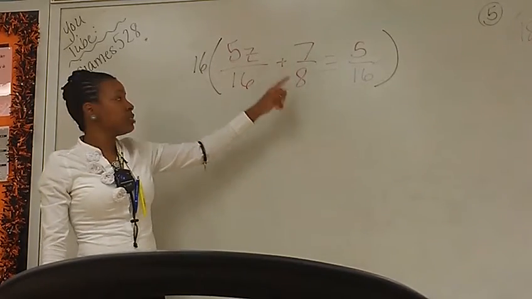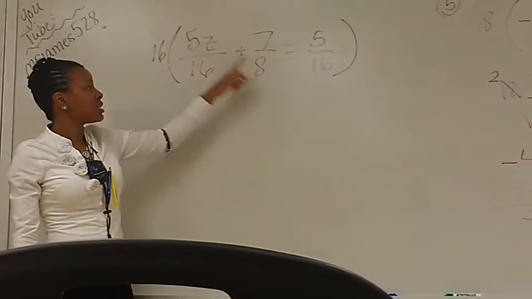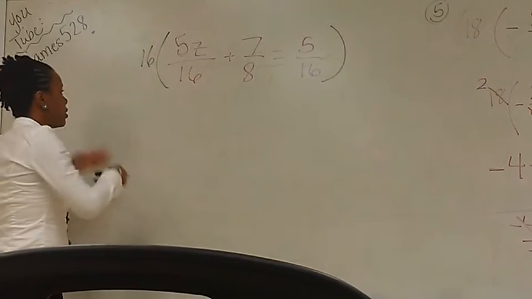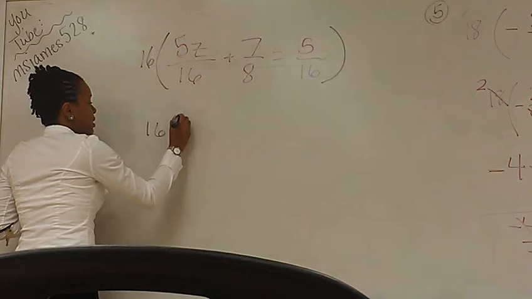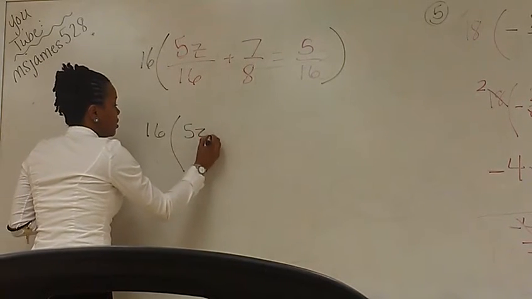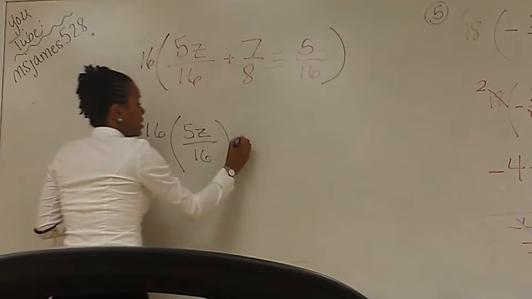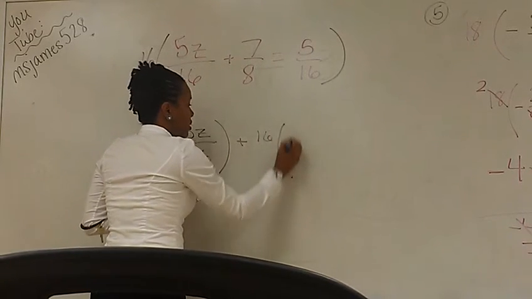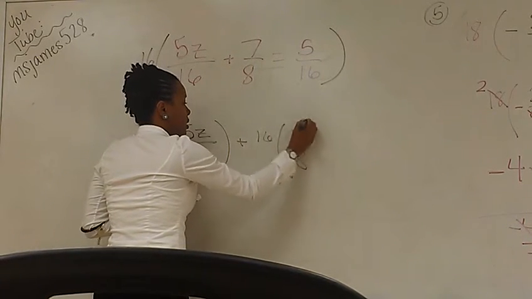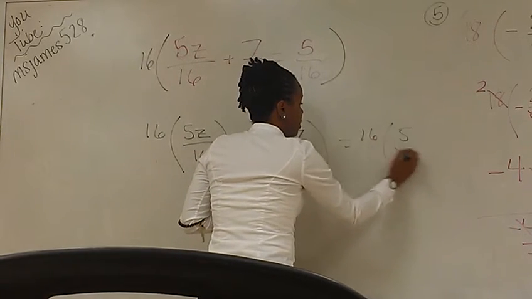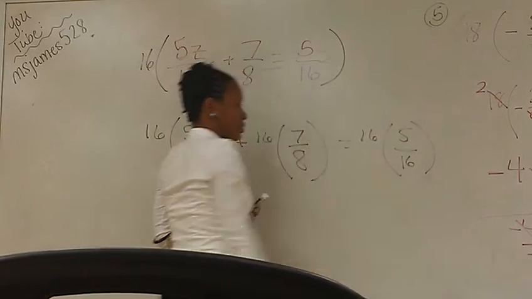You'll see 16 in this list, and 16 in this list. Make sense? So, 16 times 5z over 16, 16 times 7 over 8, and 16 times 5 over 16. Anybody lost?